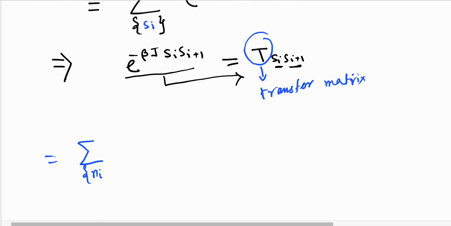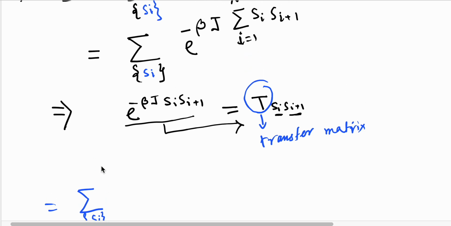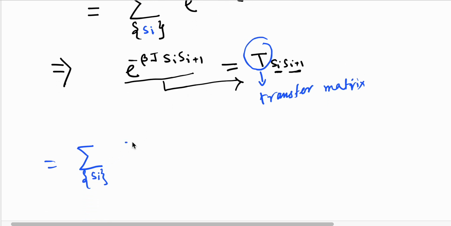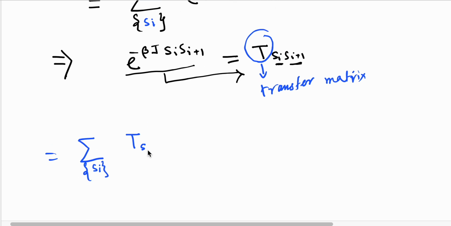So this can be written as the first term T(S1,S2) T(S2,S3) up to T(S_n, S_{n+1}).